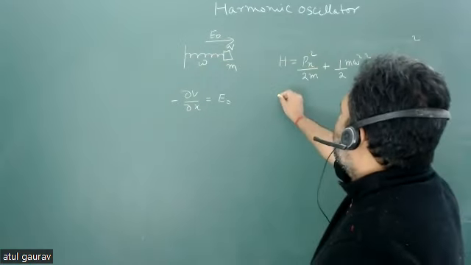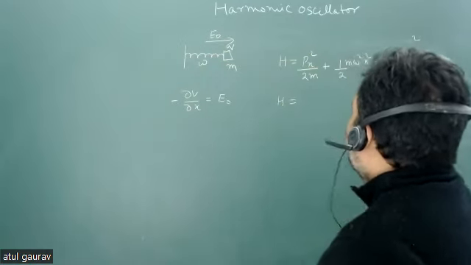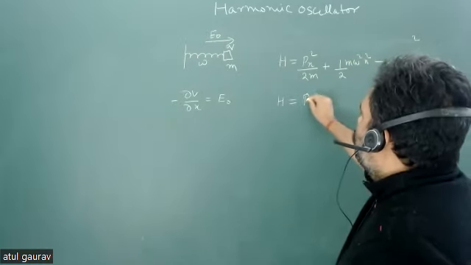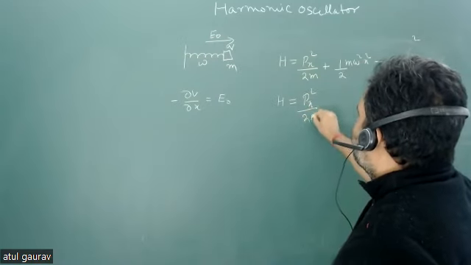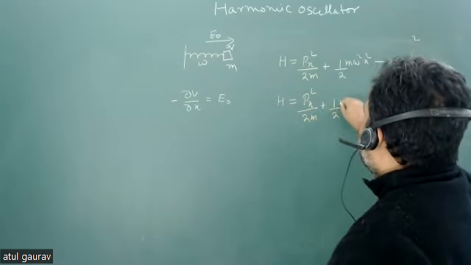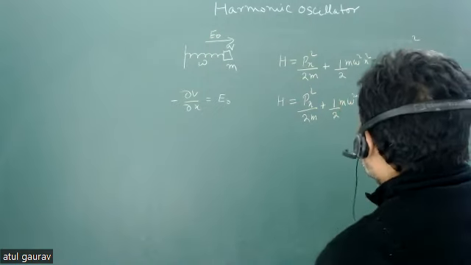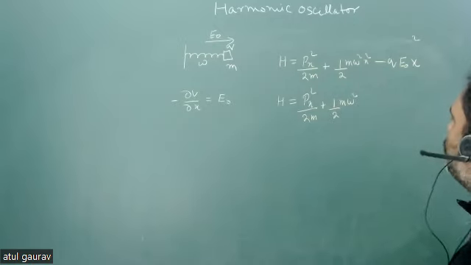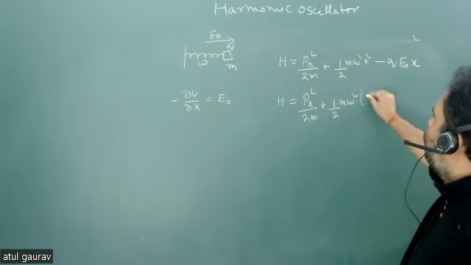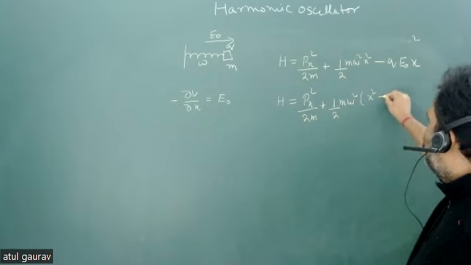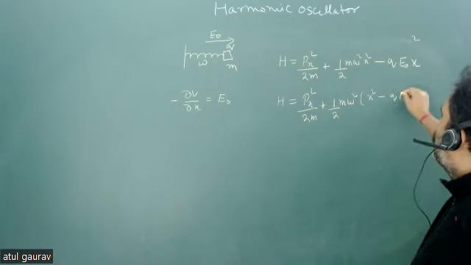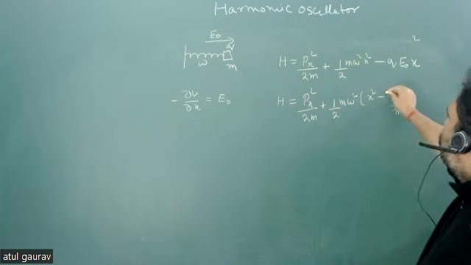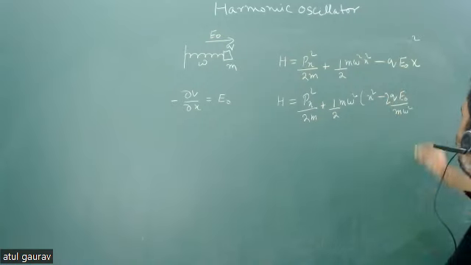And if this is my Hamiltonian, this is the square part and this is the linear part. So what can we do? I can keep my kinetic energy something like that, but I will make a perfect square of my potential energy. Look at how we can do it. I can take m omega square x square minus q E naught by m omega square, 2 is also there, into x.